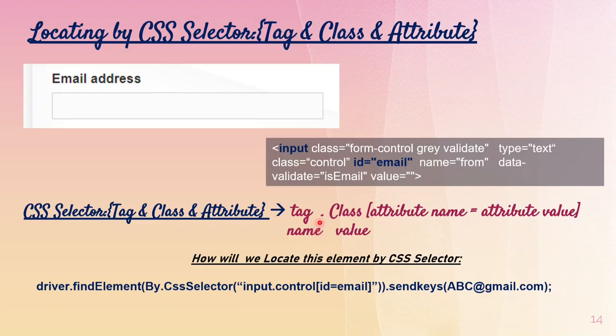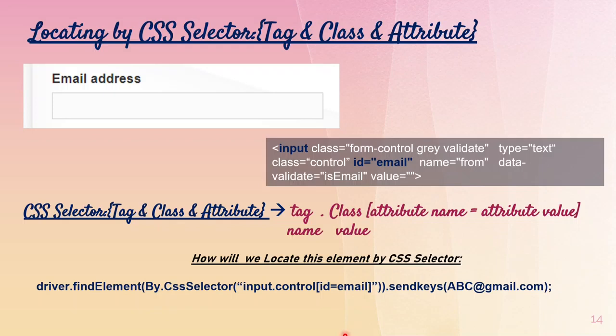Then we have the class. For that we need to use the dot operator. The class value that we have is control. Then the attribute name, now here I'm using ID, you can use any of the attributes. So I'm using ID is equal to email dot sendKeys abc@gmail.com. Okay, so I hope it's clear for you.